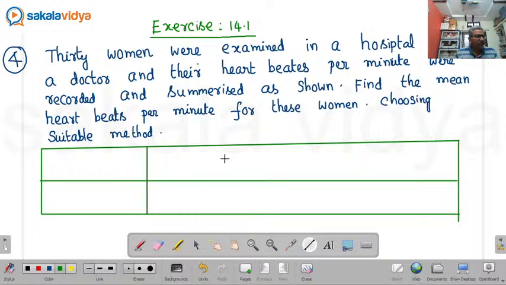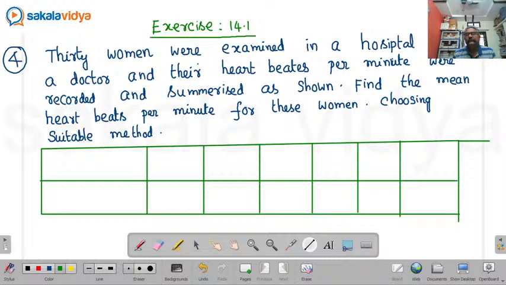So now the class intervals: 65 to 68, 68 to 71, 71 to 74, 74 to 77, 77 to 80, 80 to 83, and one more, add.